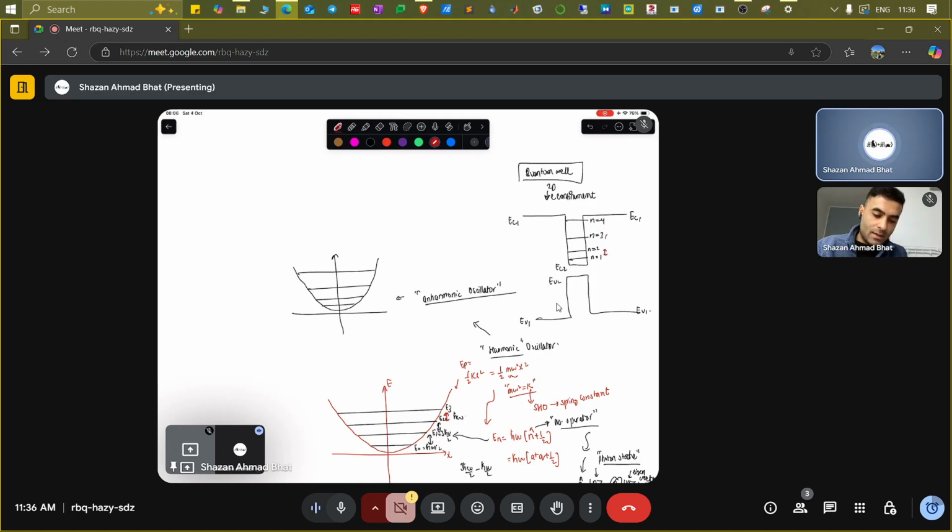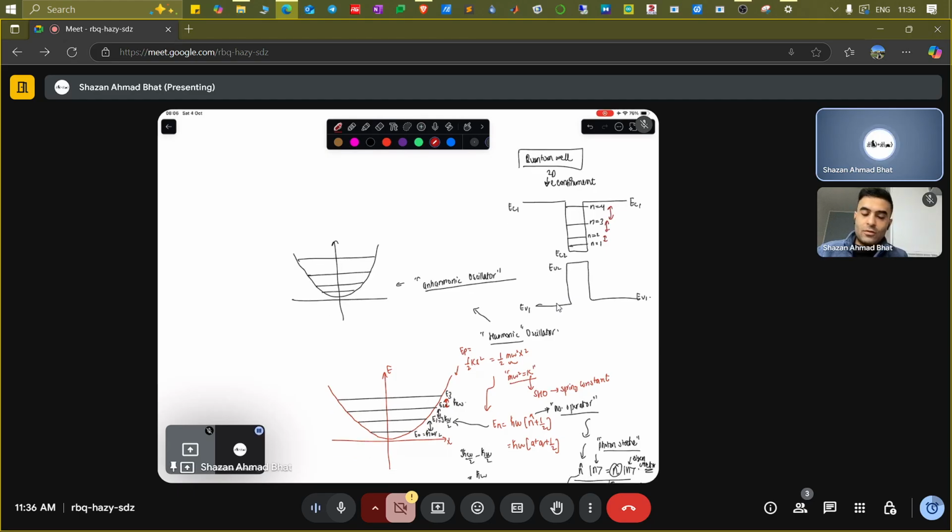The spacing is increasing. This is the fact I wanted you to understand. And why this is increasing, you need to go back to the solution and how we do the maths of it. Similarly it goes for the energy states of the holes.